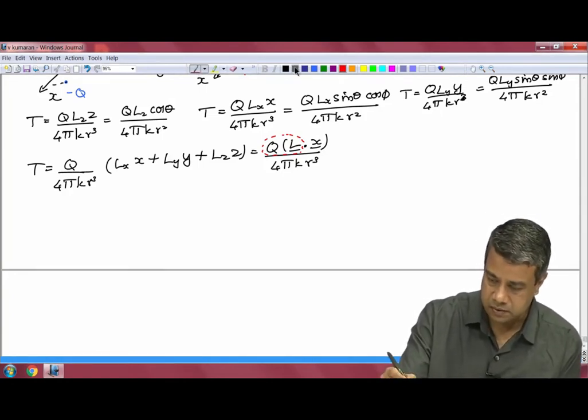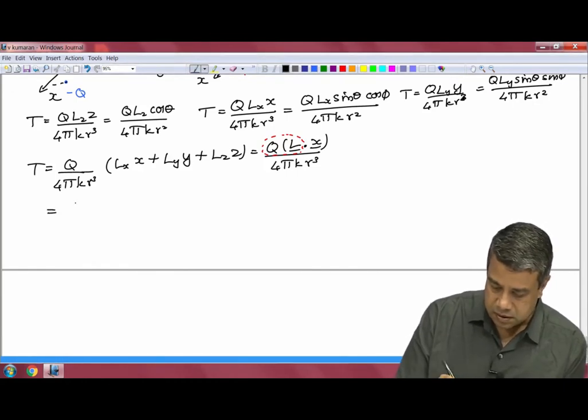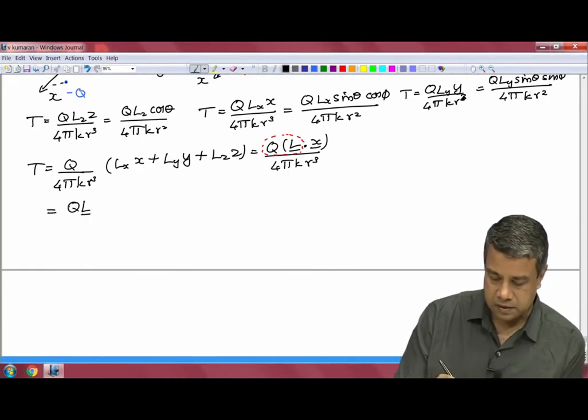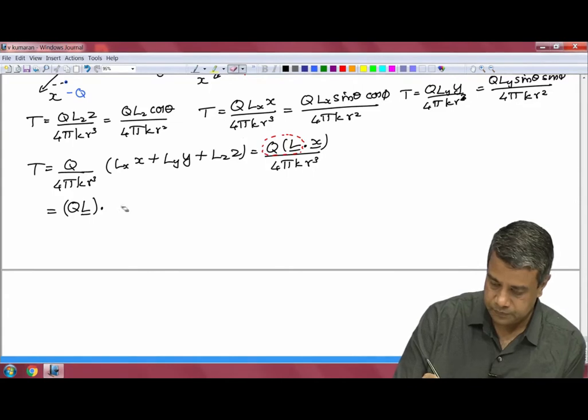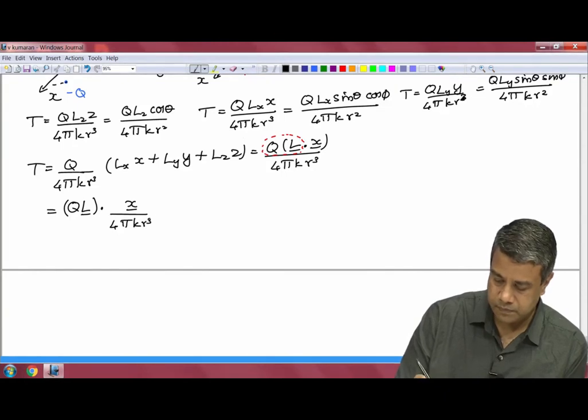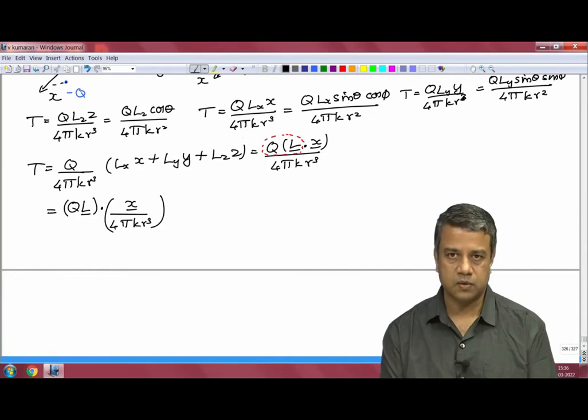So, this is equal to this q L, which is a vector, dotted with the position x. That is the dipole term.